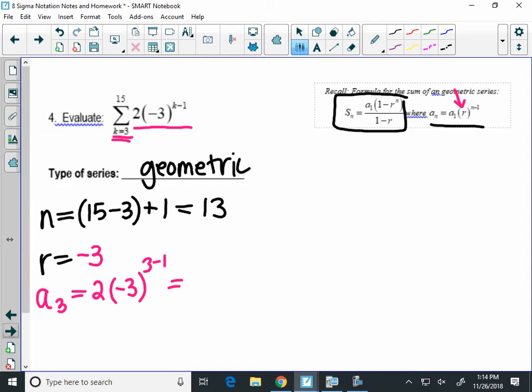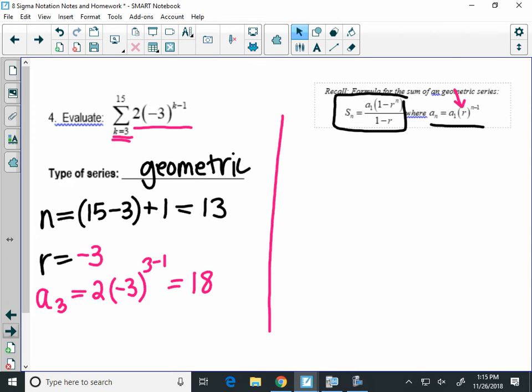You'll probably do that one in your head. What do you get? What's the third term? Where are you starting? Two times -3 squared. 2 times 9, which is 18. And I have the 3 things that I need to find the sum.